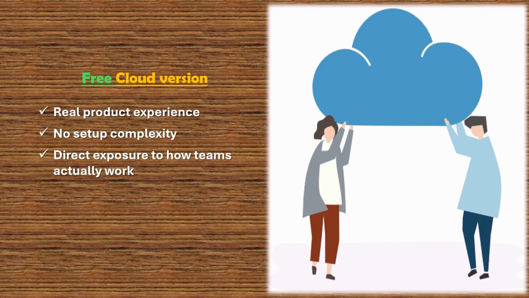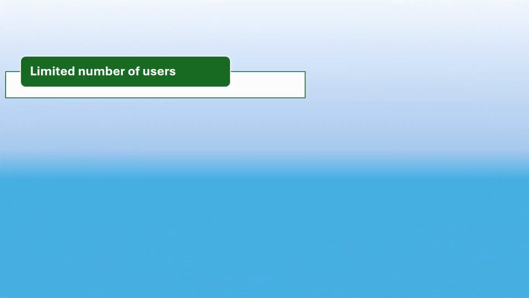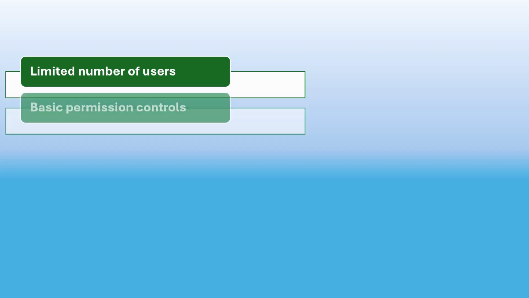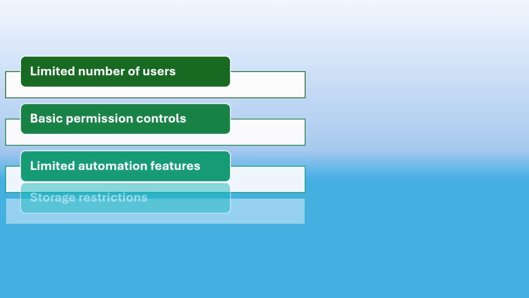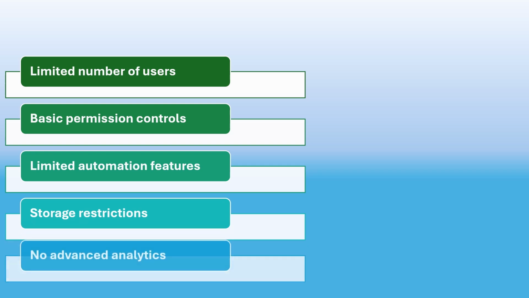However, just to set expectations, the free version does have some limitations. For example, a limited number of users, basic permission controls, limited automation features, storage restrictions, and no advanced analytics.